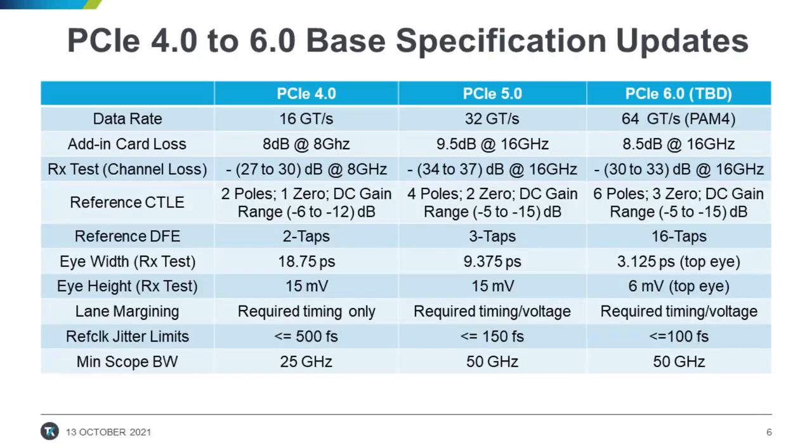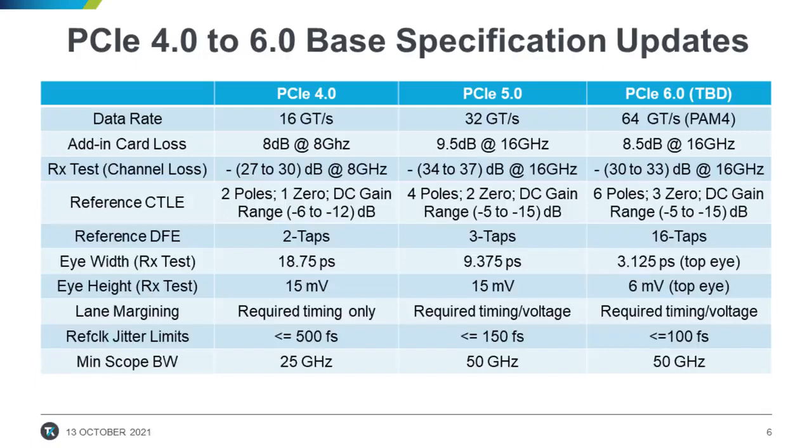And DC range 5 to 15 dB, and 1 dB step sizes. We'll talk about that a little bit further on another slide. And DFE, we're seeing advanced capabilities being added in terms of additional taps. So we've gone from 2 to 3 to 16. We'll also delve into some more details on DFE too.